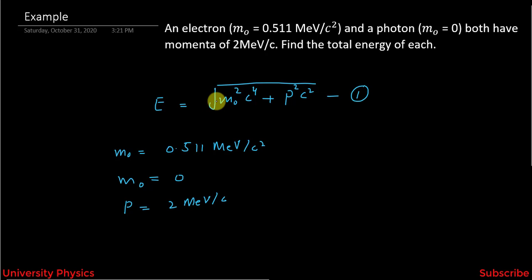It means that the momentum of the electron is 2 MeV per c and the momentum of the photon is also 2. We have to find the total energy of each one.